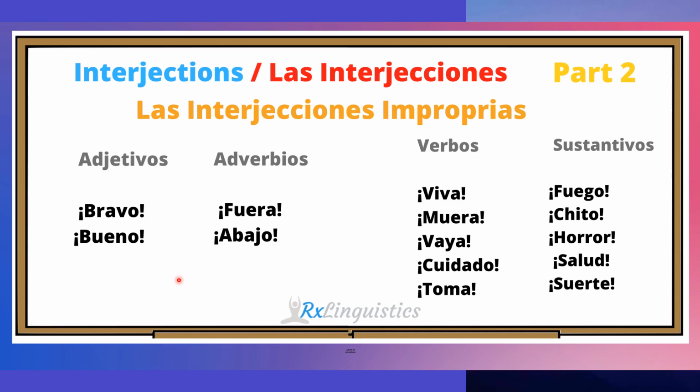So you have the proper interjections, those single words that we saw earlier, and these that are other parts of speech used as interjections. So bravo, bueno, fuera. Could you repeat? Bravo, bueno, fuera, abajo, viva, muera, vaya, cuidado, toma, fuego, tiro, horror, salud, suerte.